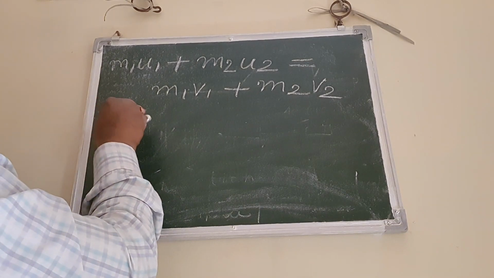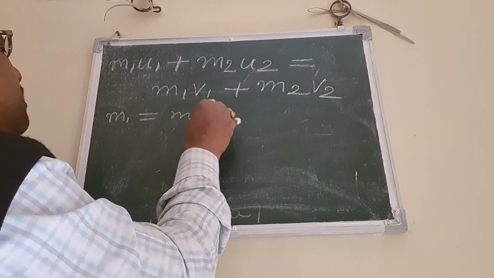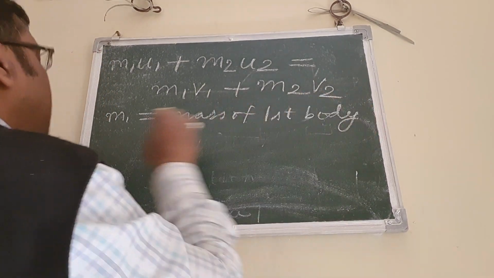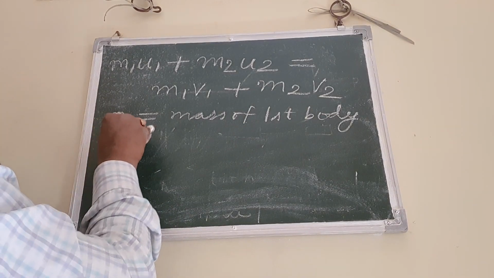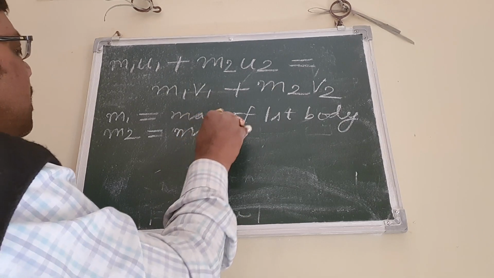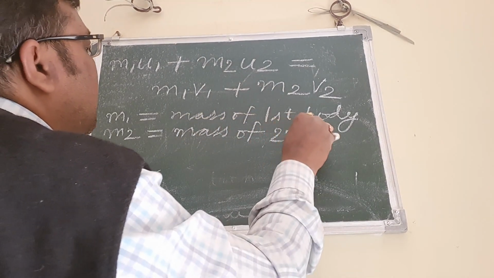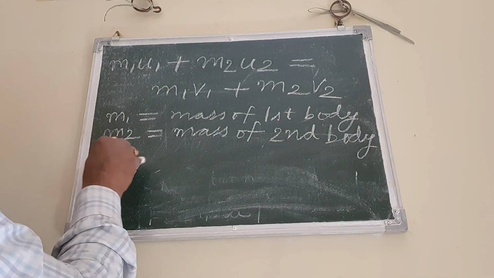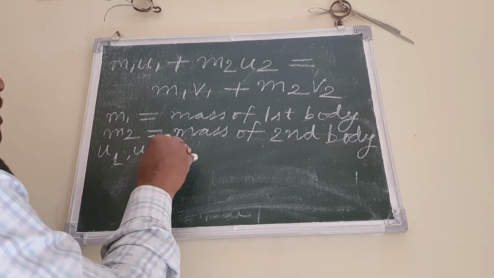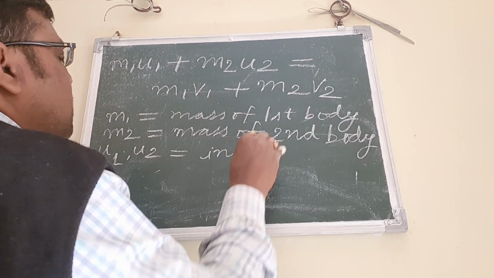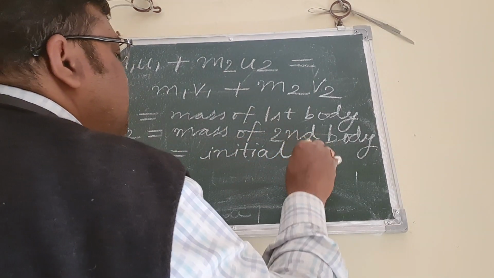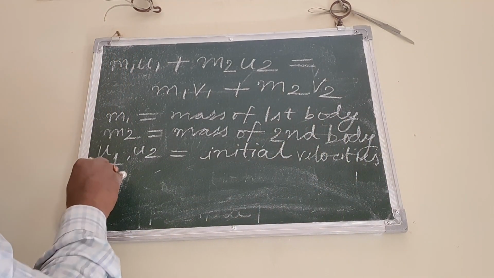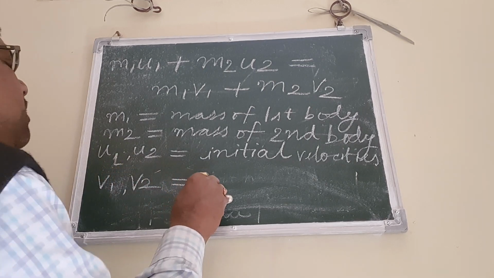Here m1 is the mass of the first body, m2 is the mass of the second body, u1 and u2 are the initial velocities of the bodies, and v1 and v2 are the final velocities.